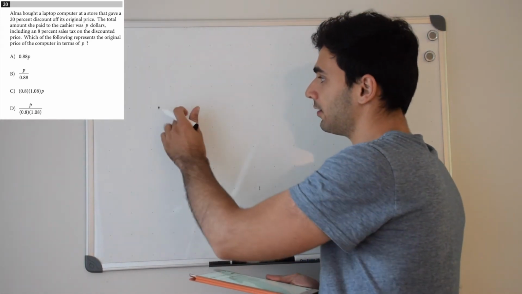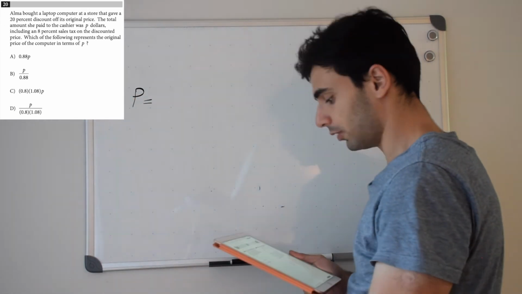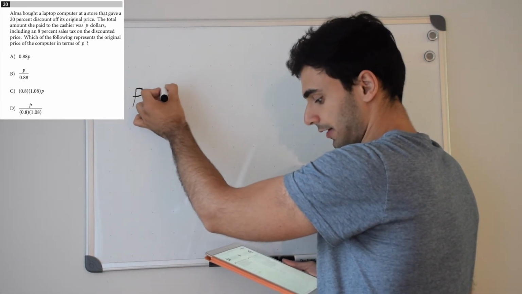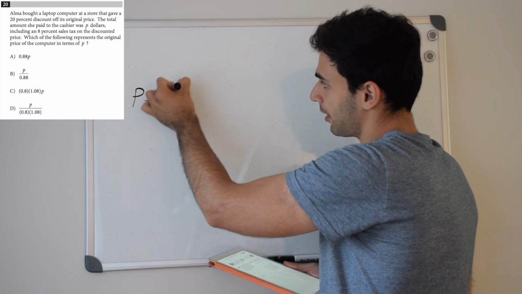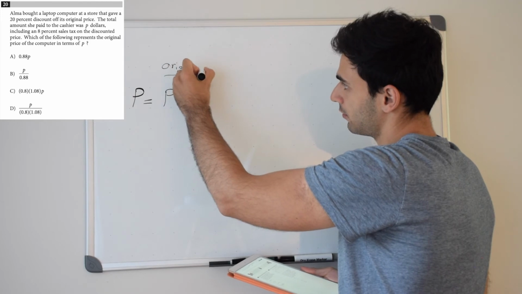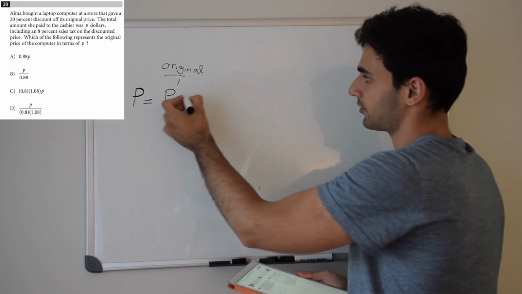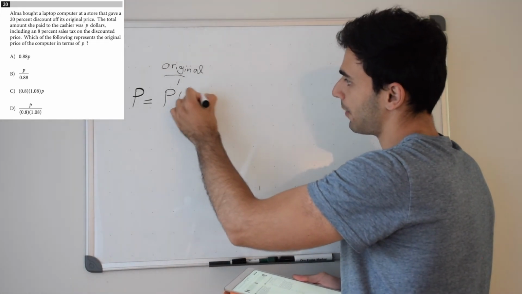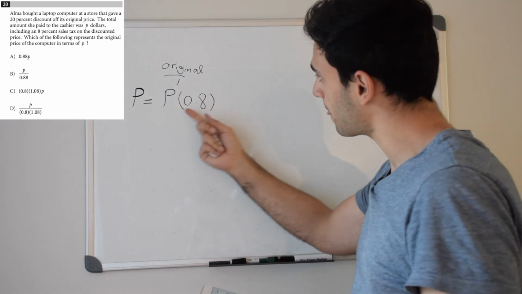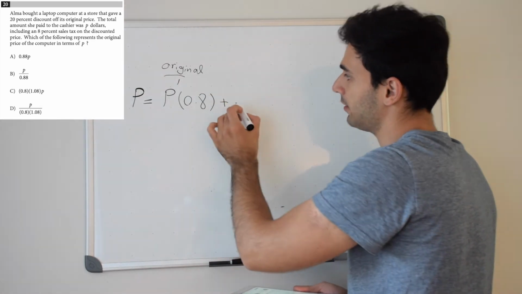So she paid $P, okay, which is equal to, we have P prime, this is the original one, original price, of which I paid only 0.8 of it. Why? Because I had a 20% discount.